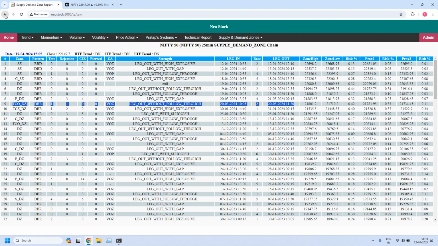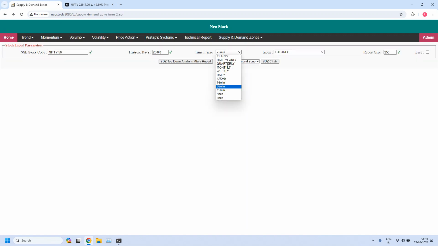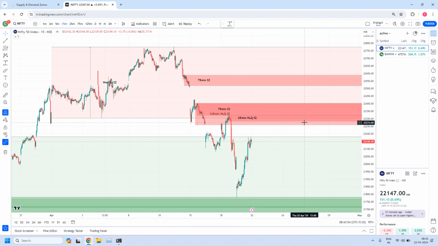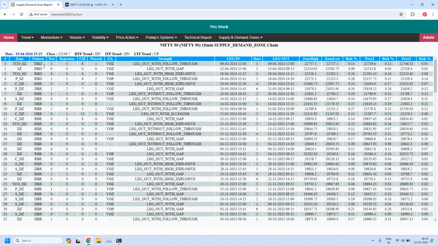Okay, now let's move on to the next time frame, 15 minutes. Let me generate the chain, and here also I am changing the time frame to 15 minutes. Here 15 minutes high liquidity demand zone is created when 19-14, 19-04, 12-30, 4 base candles.